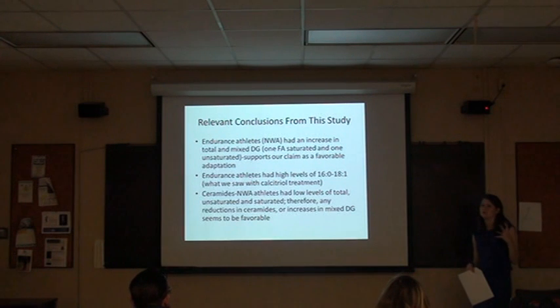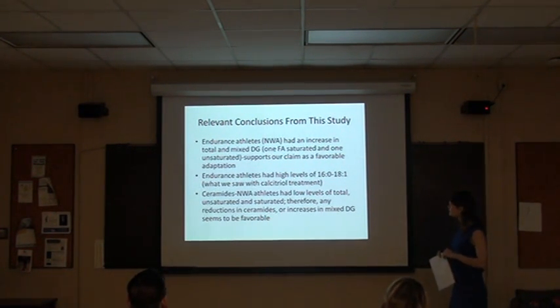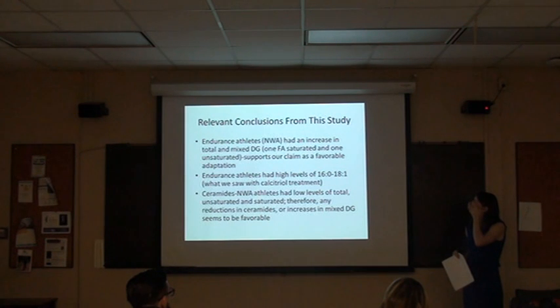So, relevant conclusions from that study and how it relates to ours. Endurance athletes, the NWA group, had an increase in total and mixed DAGs. And again, when I say mixed DAGs, that means one fatty acid saturated and one unsaturated, palmitate oleate, like I talked about. That supports our claim as a favorable adaptation.